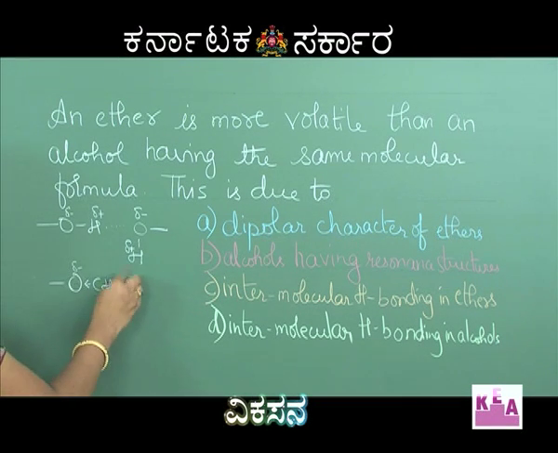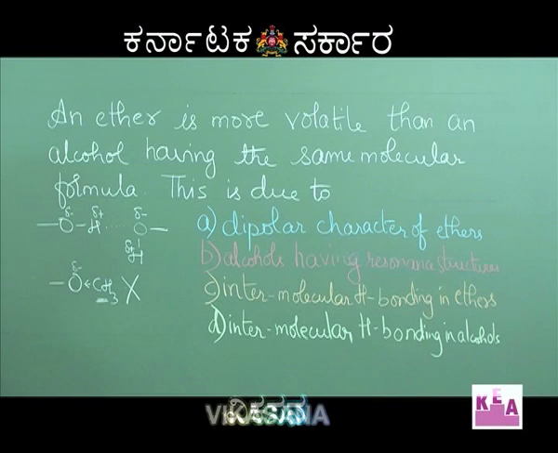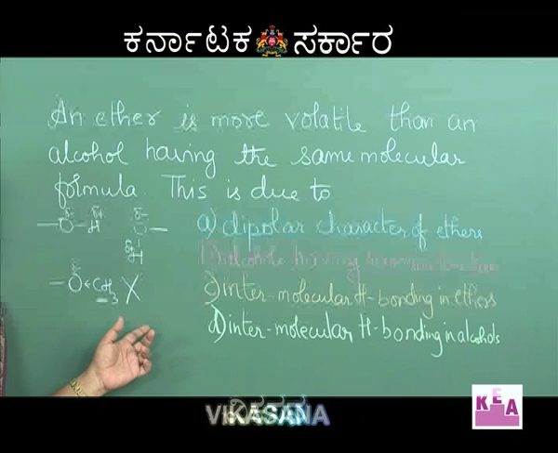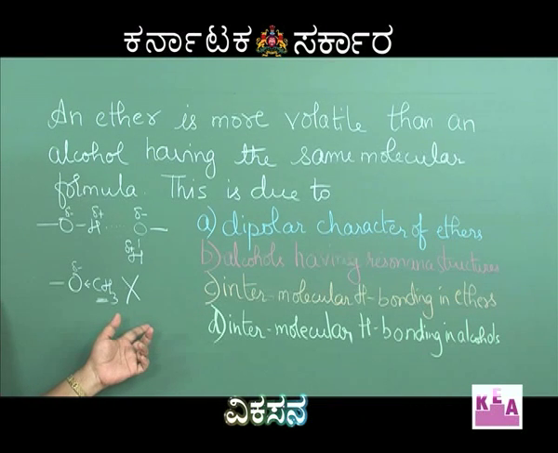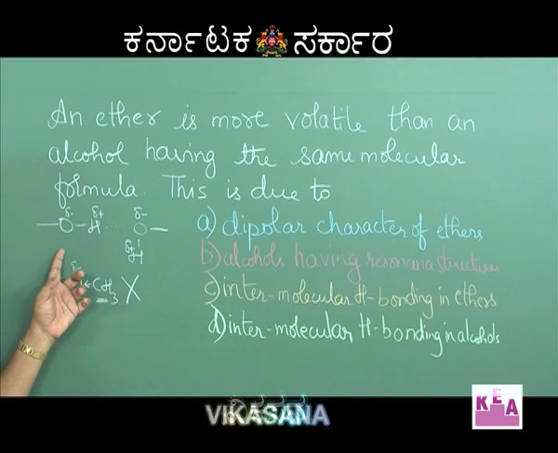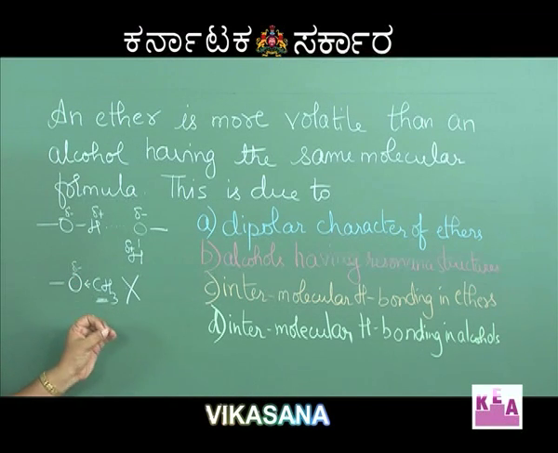Since hydrogen bonding does not exist between the ether molecules, there is no intermolecular hydrogen bonding, and hence it is highly volatile in nature. So, alcohols are less volatile because there exists intermolecular hydrogen bonding.